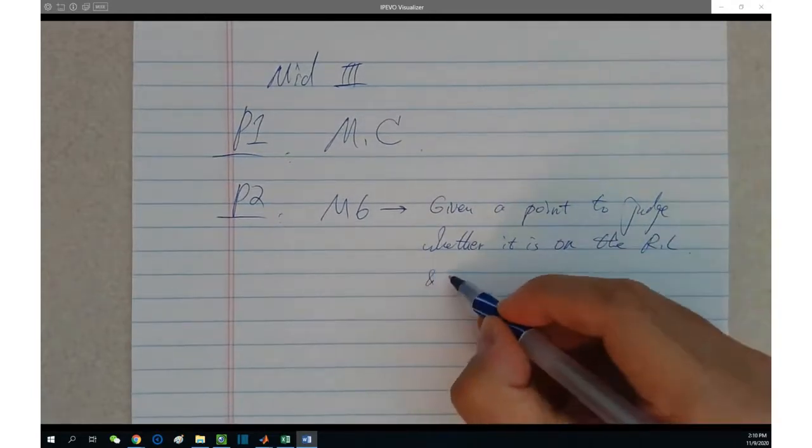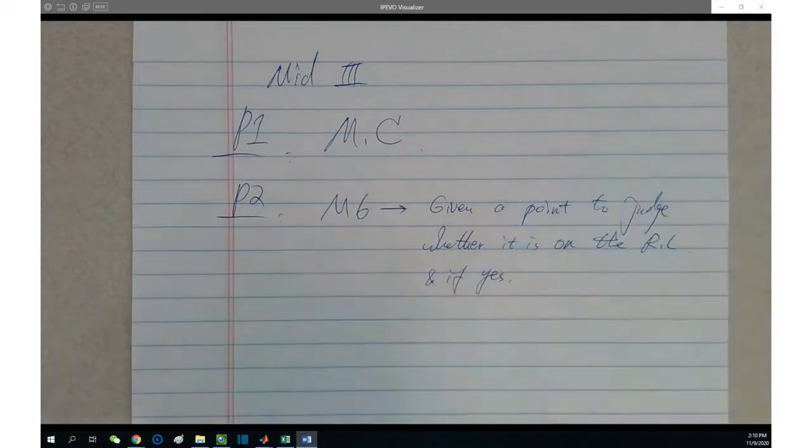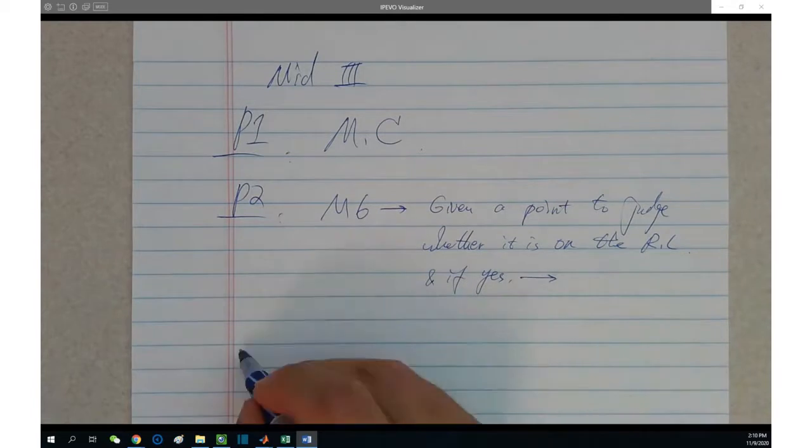And if yes, what do you need to do? Anyone remember? If yes, what should we do? We have to find the gain.